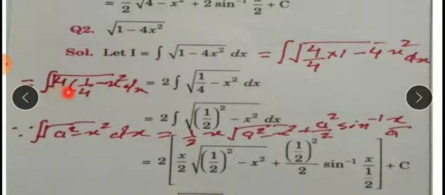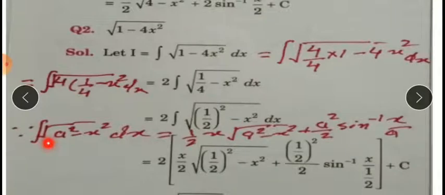Root 4 means 2. Integration inside the bracket, under root 1 upon 4 minus x square. 1 upon 4 can be written as 1 upon 2 whole square, minus x square. Now this is integration root a square minus x square, where a is the constant 1 upon 2.